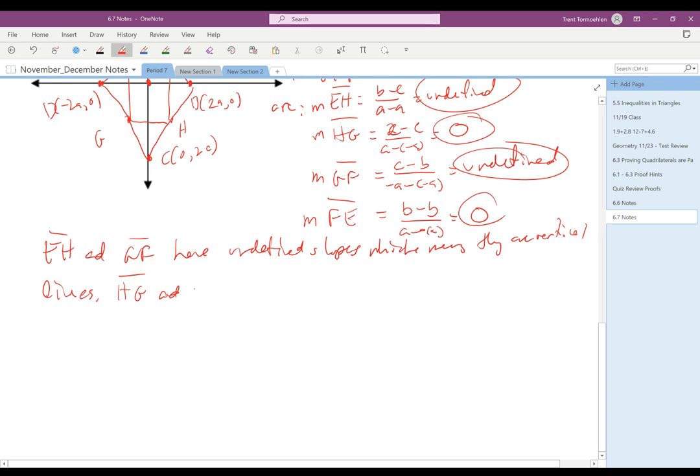HG and FE have slope of 0, which means they are horizontal.